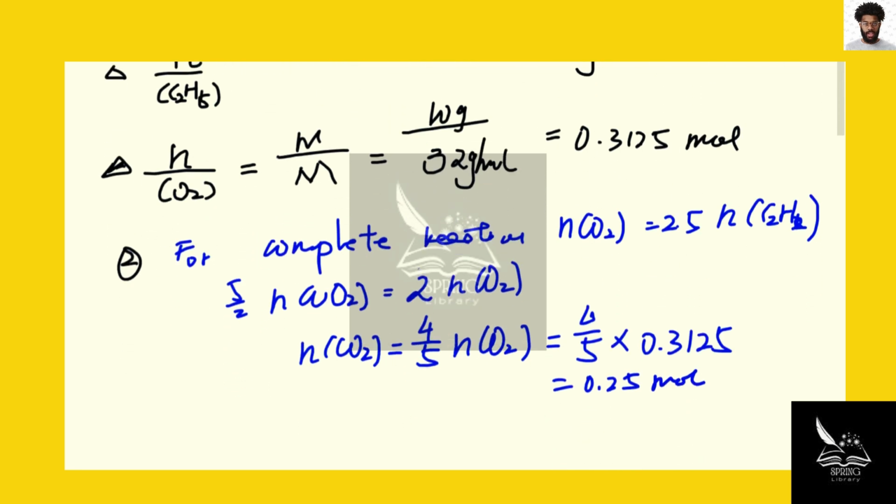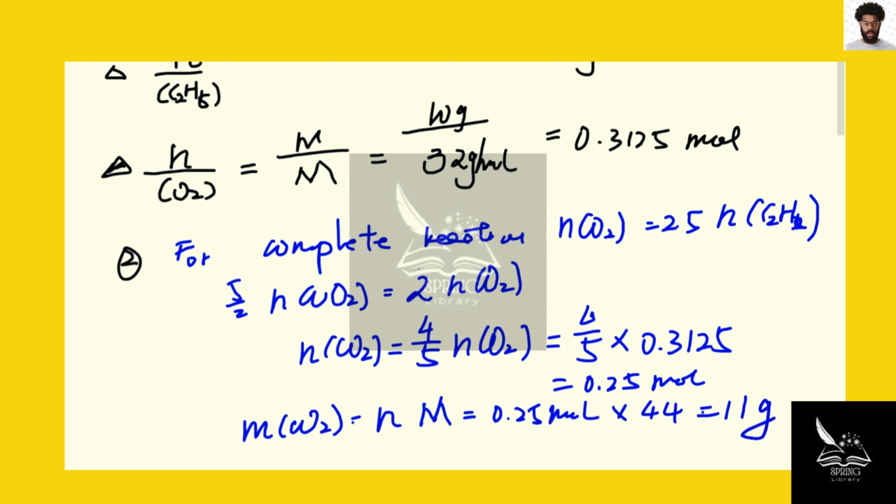So which means the mass of the carbon dioxide simply equals the moles times the molar mass, which is this times 44, which equals 11 grams.